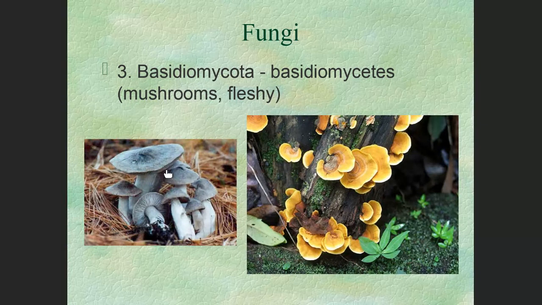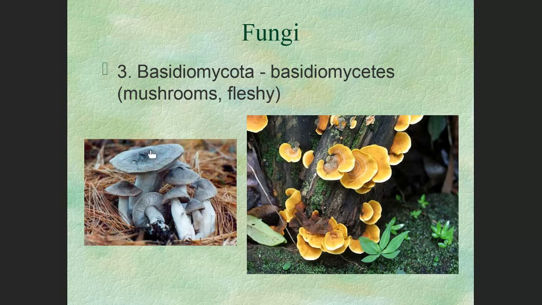Now, the mushroom has a stalk and a cap, and the cap is actually the diploid structure. And if you look underneath the cap, you see gills, which again looks kind of nasty. If you want to do an experiment, if you have some fresh mushrooms, cut the cap off and put it on a piece of white paper, leave it there overnight, and you'll usually see spores that have dropped down from the mushroom cap.